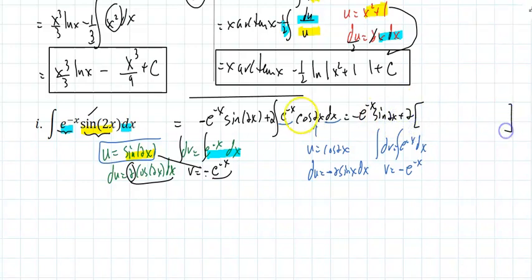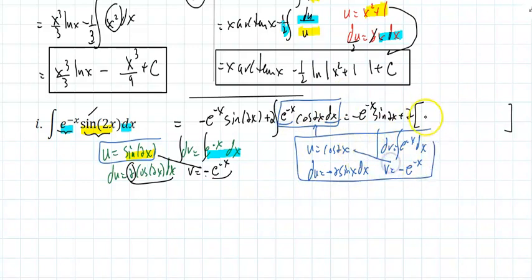Whatever comes out of that integral right there is this part. u times v, negative e to the negative x cosine of 2x, minus the integral v du. Do you notice this is negative times a negative, which is a positive, times a negative, that's a negative? I'll take the 2 up front. E to the negative x times sine of 2x.